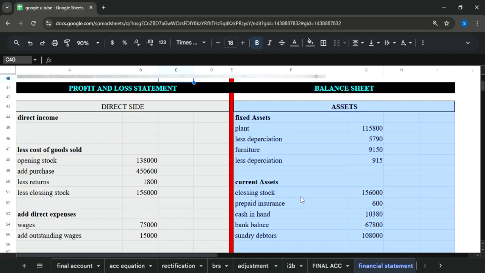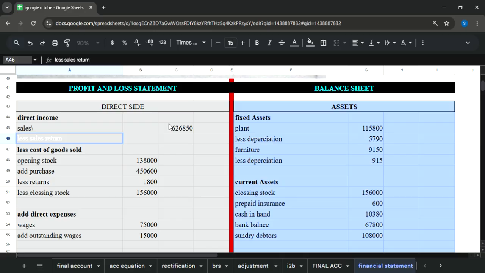So here you will write 626850 and these are for sales, and then we will mention sales return.